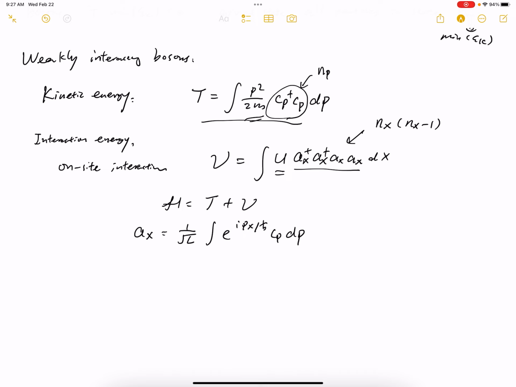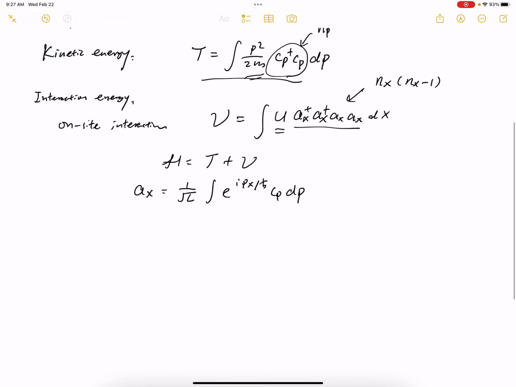This is very similar to the discrete Fourier transformation we did in the last lecture for the tight-binding model. But here we're doing it in the continuum, so we change all the summations to integrals, and the prefactor 1 over square root of L is similar to the 1 over square root of N in the discrete case. That's just the standard Fourier transformation to go from momentum space to position space.